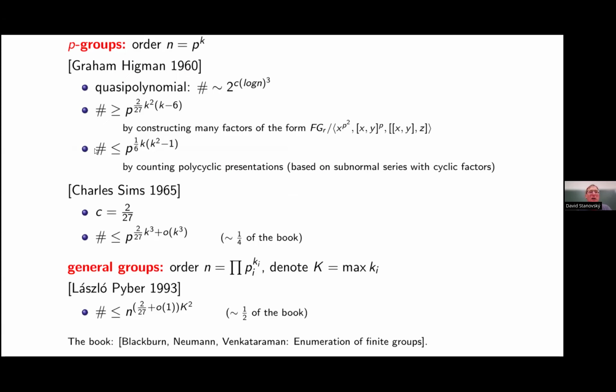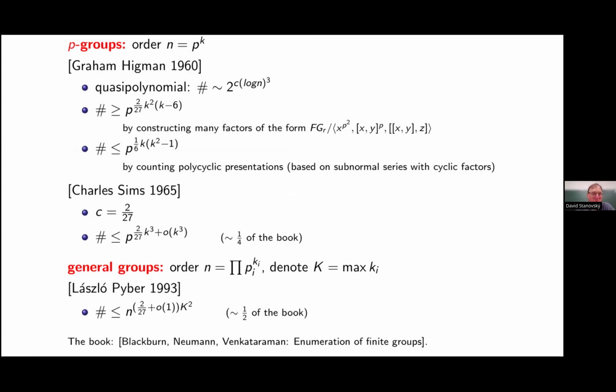It's classical: the first substantial part of the theory comes from the 1960s. In the 1960s, they were able to estimate the number of p-groups. The two main names are Graham Higman and Charles Sims, who were able to obtain together tight bounds for the enumeration of p-groups.